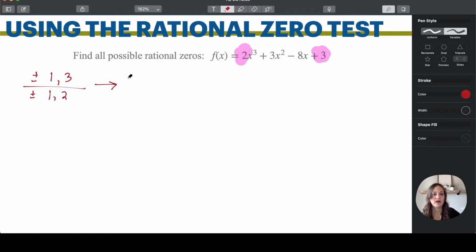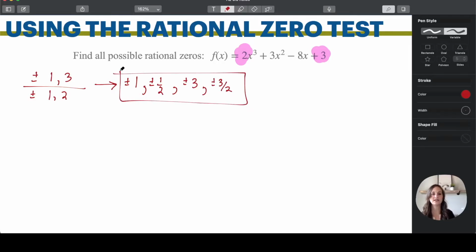So therefore, our answer is going to be 1 divided by 1, which is 1, 1 divided by 2, which is 1/2, 3 divided by 1, which is 3, and then 3 divided by 2, which is 3/2. So these are all the possible choices that could become a zero if you were to try to solve this.